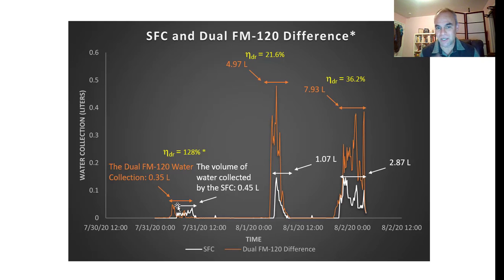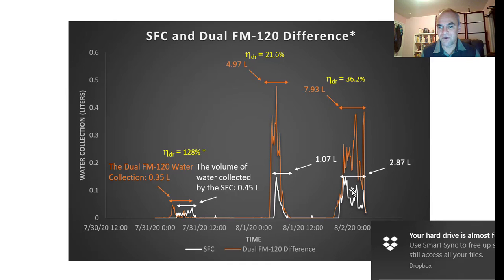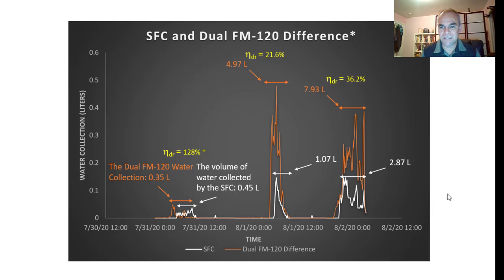It means you're extracting water from somewhere. And we're not. I think there are larger droplets of water that happen to be in the air that the fog collector collected during this event. During these events, it makes more sense because the water the fog collector collected is less than that which was available for it to collect, which is the red.